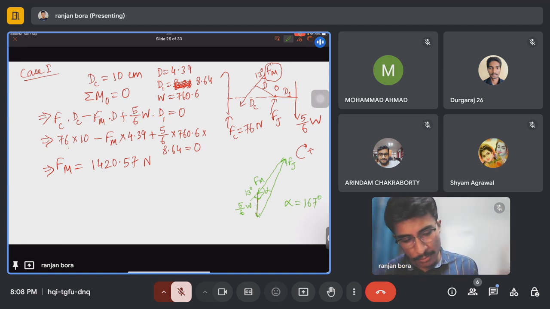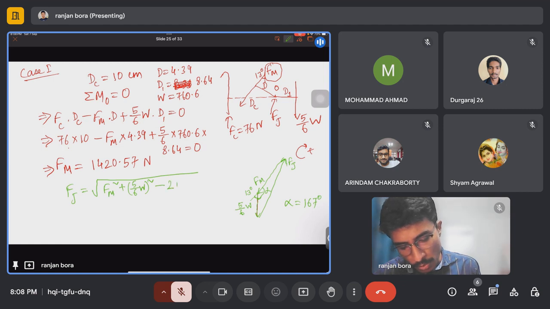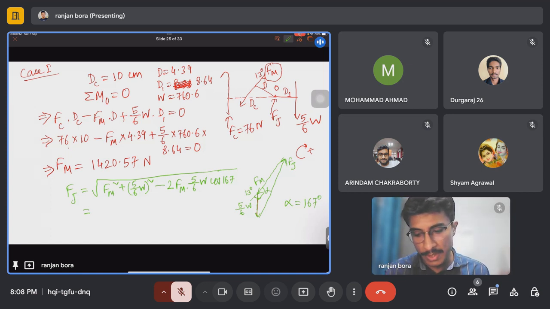After knowing alpha, we have one formula for Fj, which is Fj equal to square root of Fm square plus 5 by 6 W square minus 2 Fm dot 5 by 6 W cos of alpha, which is 167. So using this formula, we will get the value of Fj.